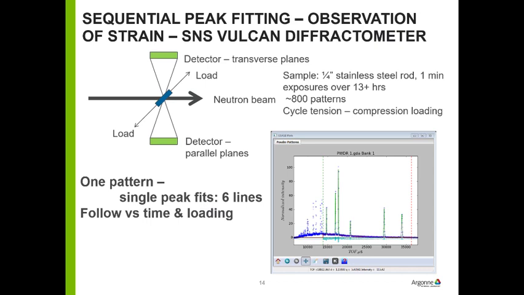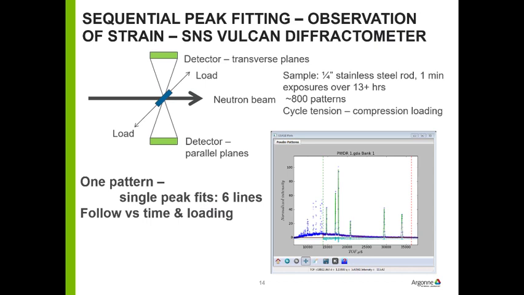So here's an example. This is just peak fitting, and there are about 5 or 6 different kinds of refinement that GSAS-II will do sequentially. Peak fitting is one of them, and this is an example in which there are 800 powder patterns collected over about 13 hours at a neutron time-of-flight source on a piece of steel that was progressively stretched and compressed.